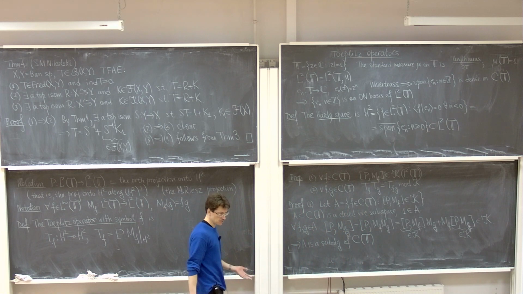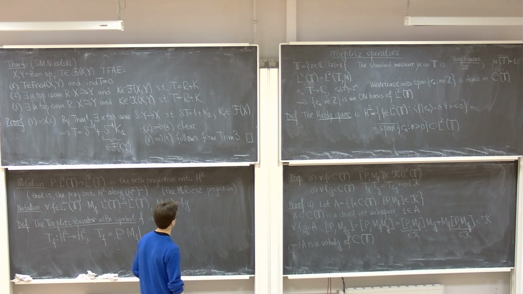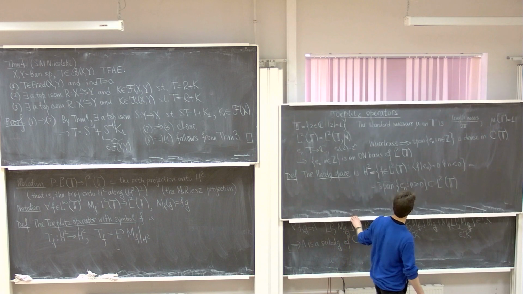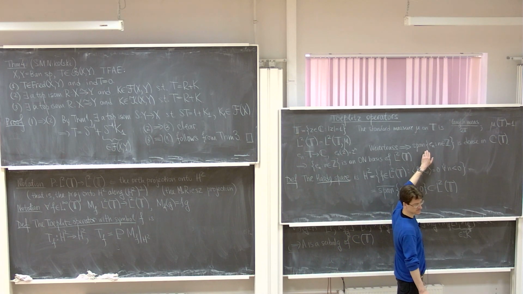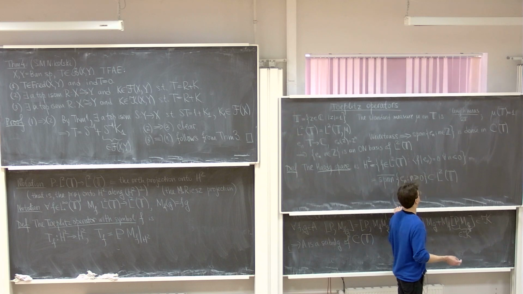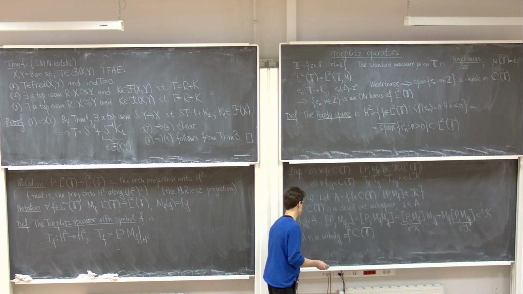Now, in order to show that A is just C(T), we again use the Weierstrass theorem. This space is dense. But since e_n is e_1 to the power n, it's enough to show that e_1 and e_{-1} are in A. And this is an explicit computation.